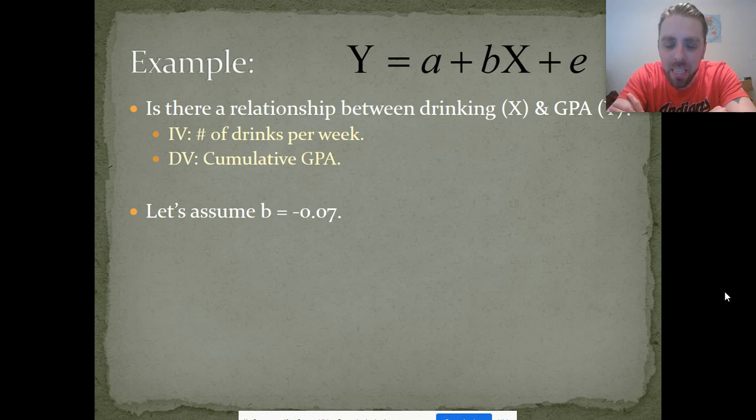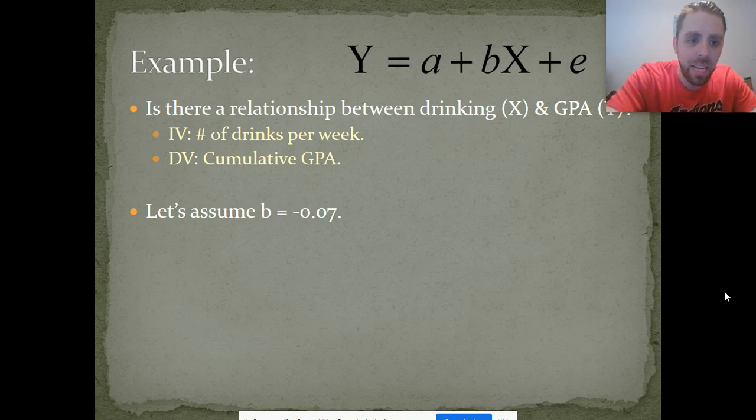Here, the big concern is properly identifying X and Y. What is the thing that's affecting the other thing? Here, I'm hypothesizing that your drinking behavior influences or impacts your GPA. So knowing that X is alcohol consumption and knowing that Y is GPA, let's assume that B, forget about A and E for a second.